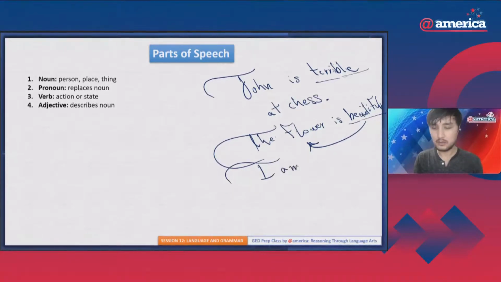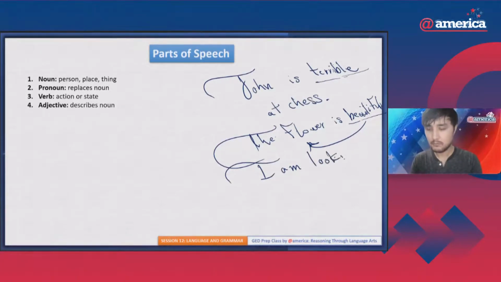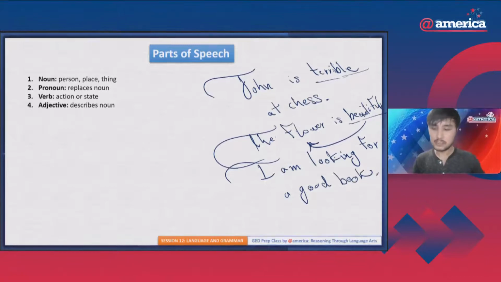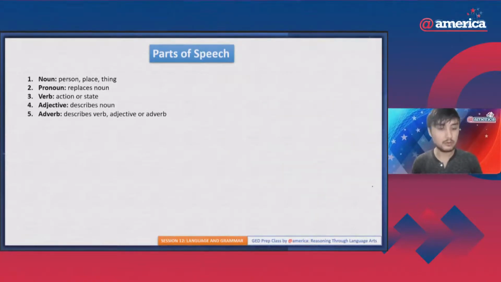I am looking for a good book. In this sentence, good is used to describe the noun book. Pretty simple.